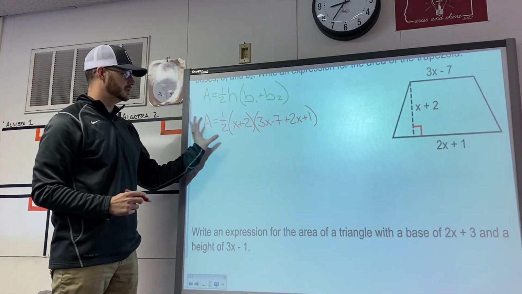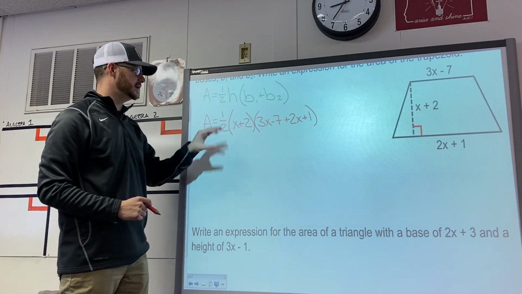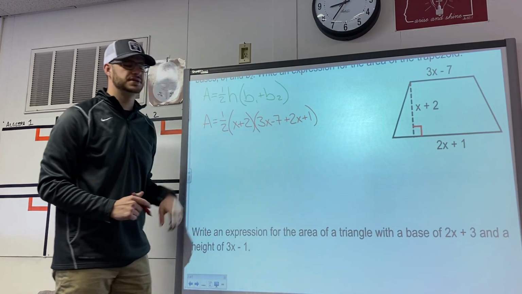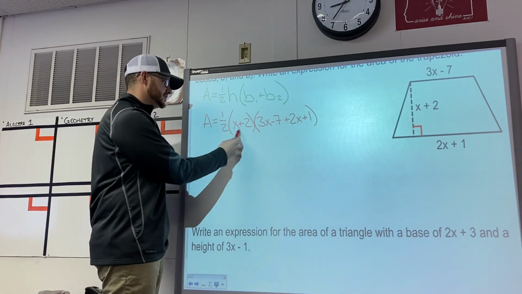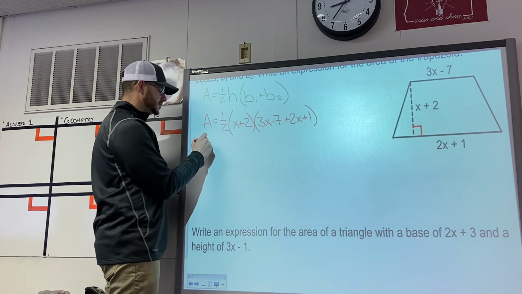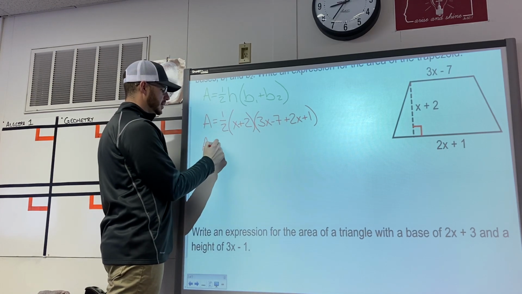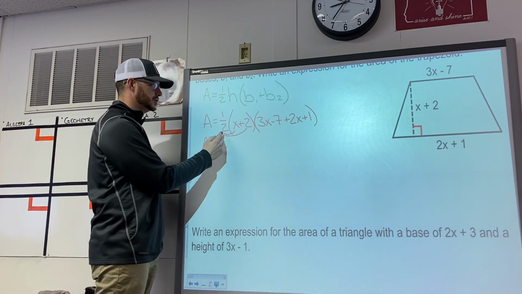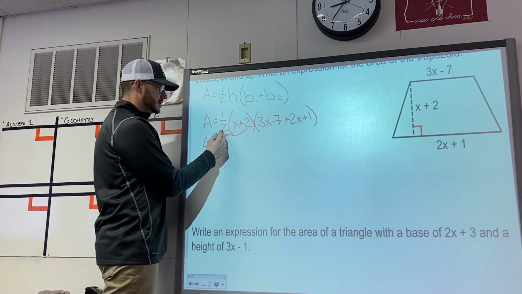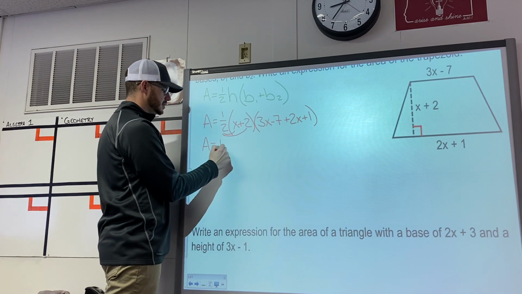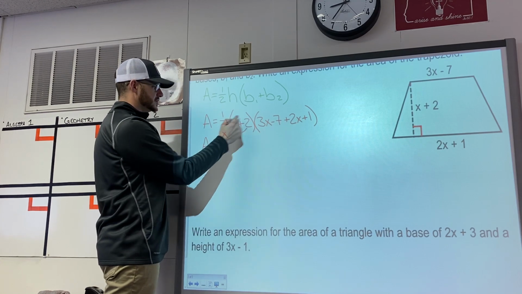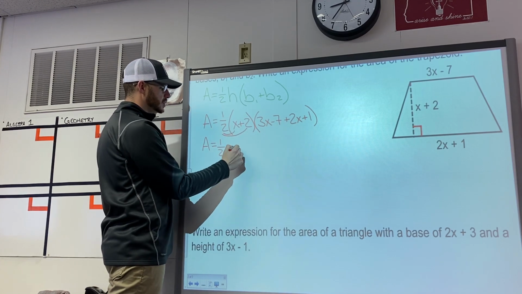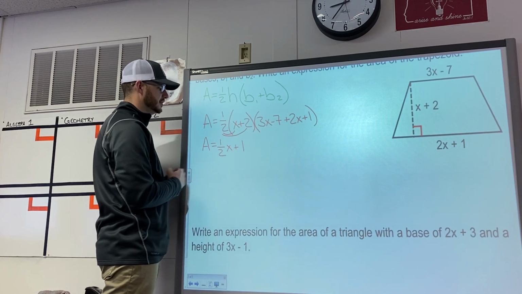So now we've come up with our equation and plugged in our numbers, and now we're just going to simplify this equation. I'm going to do two steps at once here. I'm going to distribute my 1/2 into my binomial. So 1/2 times x gives me 1/2 x, 1/2 times 2 gives me a positive 1.